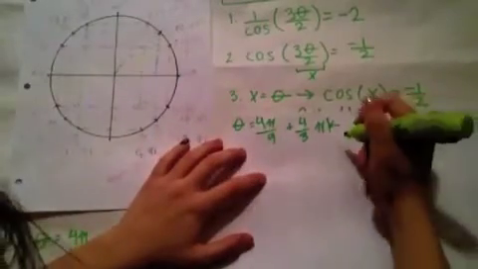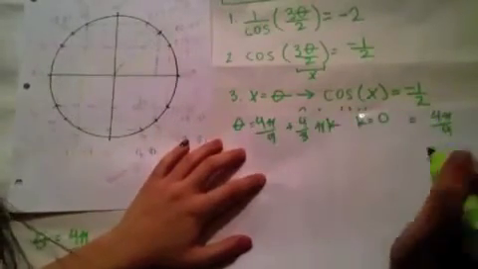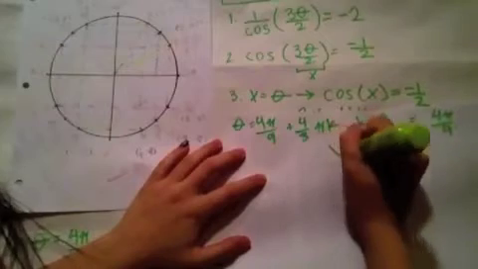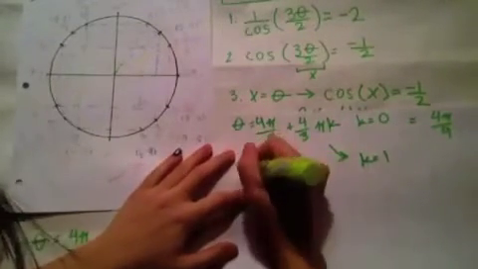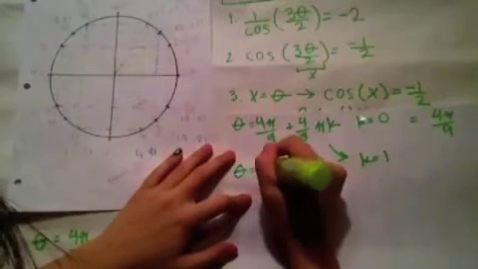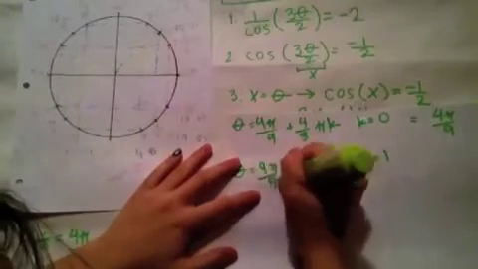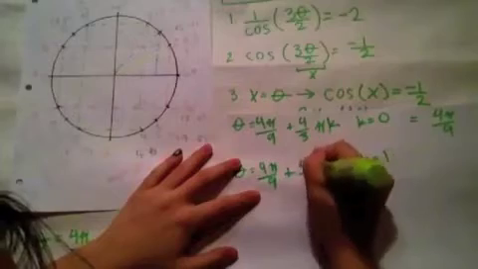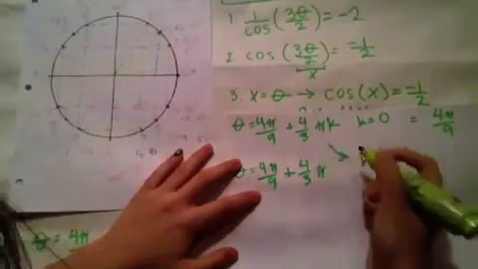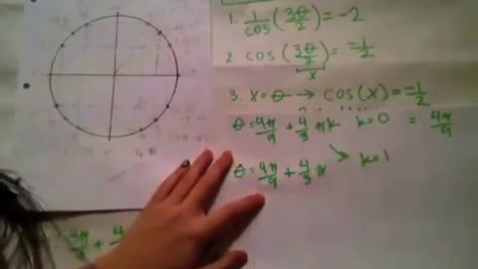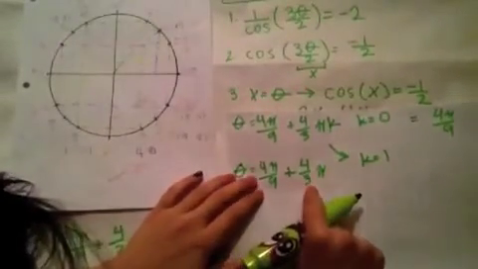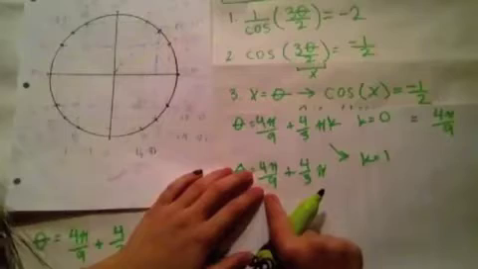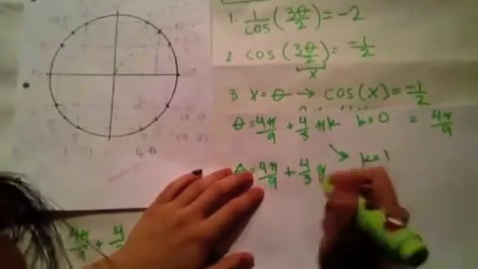And now we're going to do k equals 1, so we'll do the equation again, k equals 1, so theta equals 4 pi over 9 plus 4 over 3 pi k, which is 1, so we'll leave it like that. And now we're going to change the denominator so that it equals this one, 9.